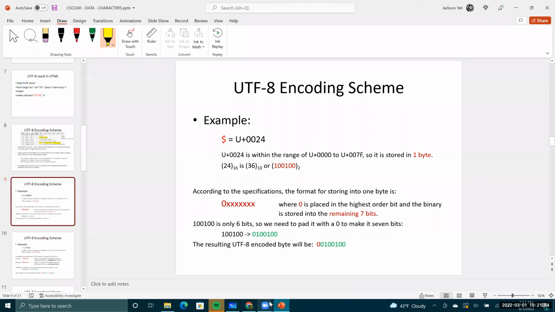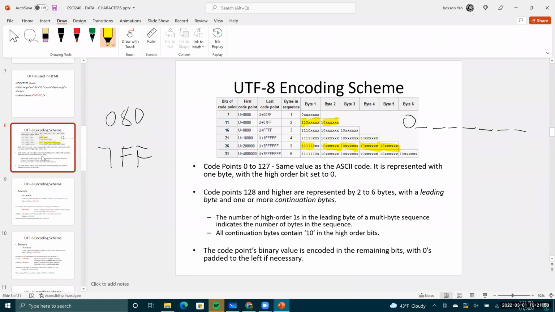So let me come up here. And I want you to look through here and say, okay, if the code point is 24, is 24 larger than 0? It is, right?